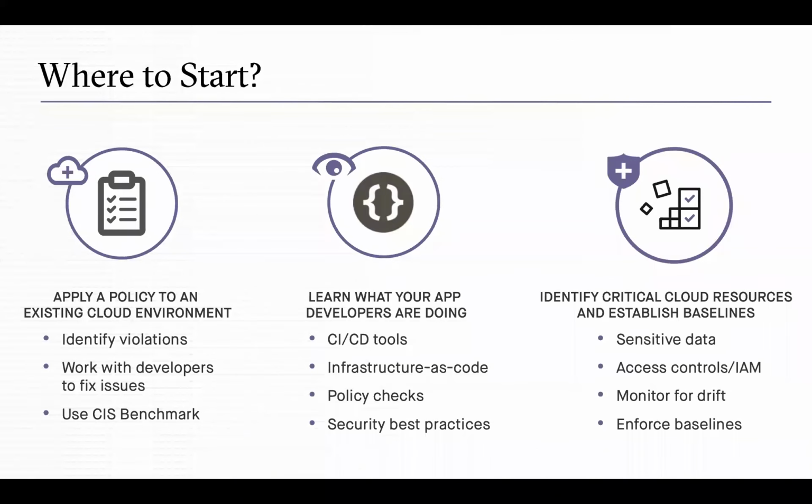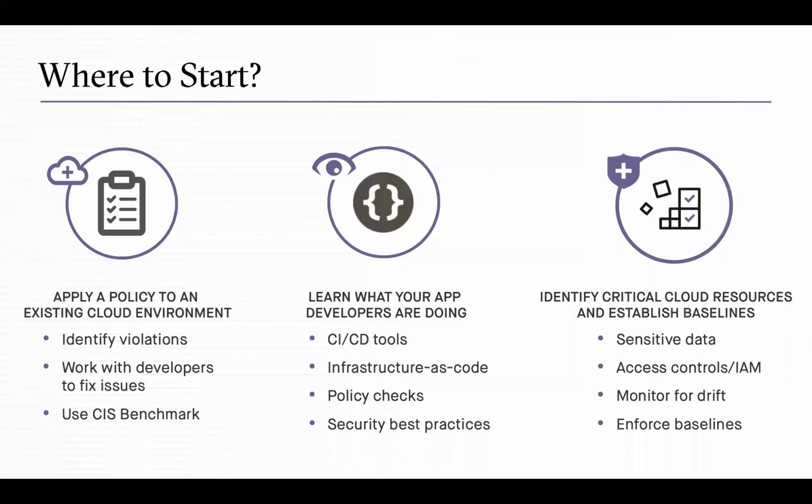And if you're in a regulated industry or you spend a lot of time thinking about it, you might know what your policies are. But if you don't, that's fine. There are a set of policies out there that Fugue comes with in the box called CIS Benchmark that will give you a really good start on how to do cloud well and securely. But what you need to do is go look at what you've already made and find out if you've gotten it right or not. And where you identify violations, work with the developers to go back and fix those issues.